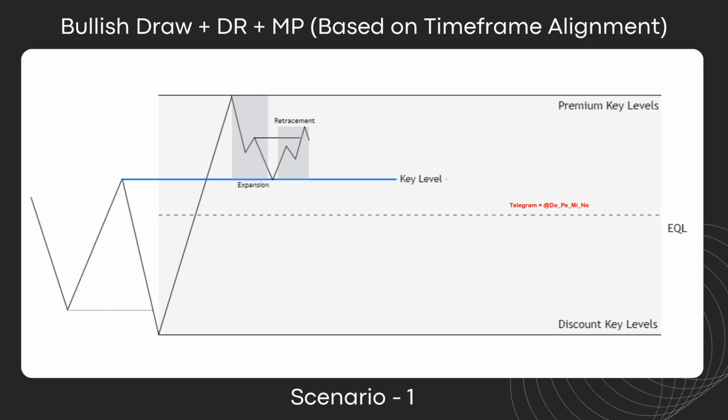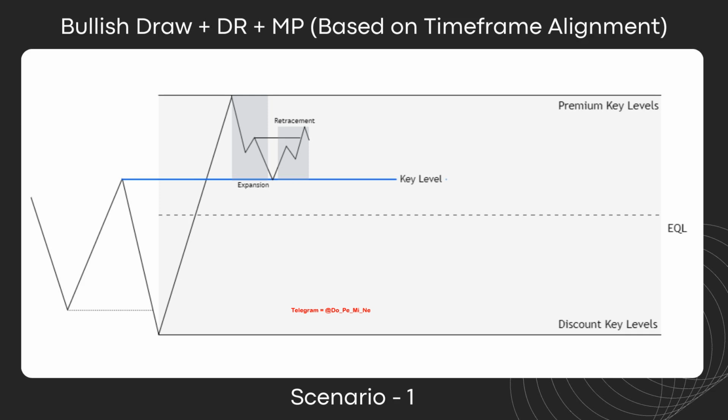With these two purges, we form this dealing range. Dividing this whole range into two halves gives us a discount and a premium, and there are different key levels inside this whole range, both in the discount and the premium, and these key levels inside both regions will be classified accordingly. Now remember what I told you before about market profiles and dealing ranges.